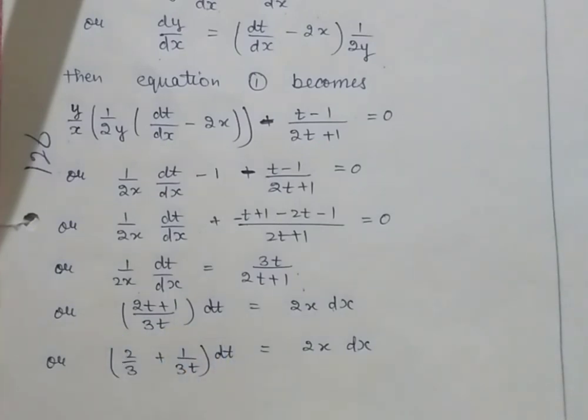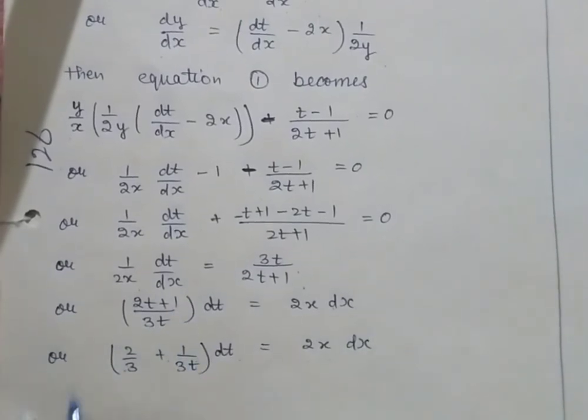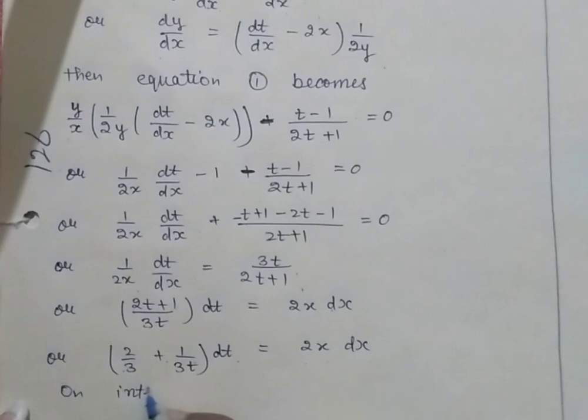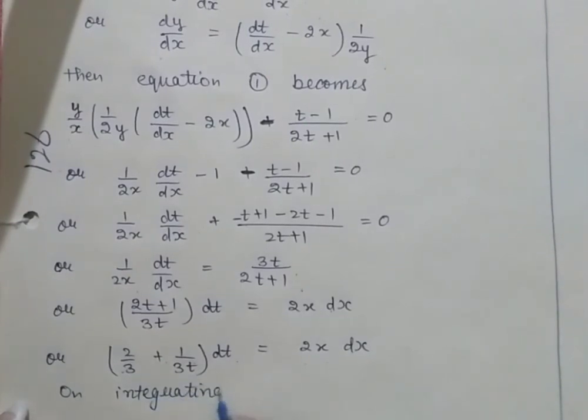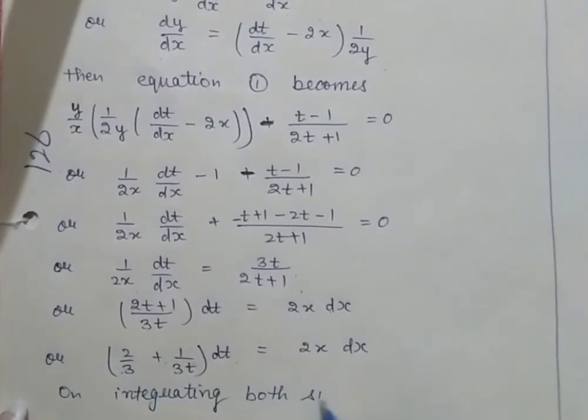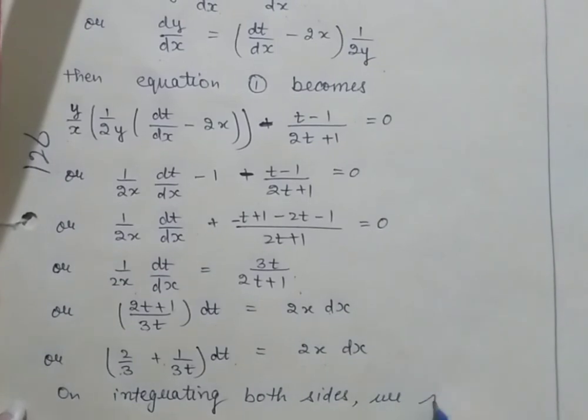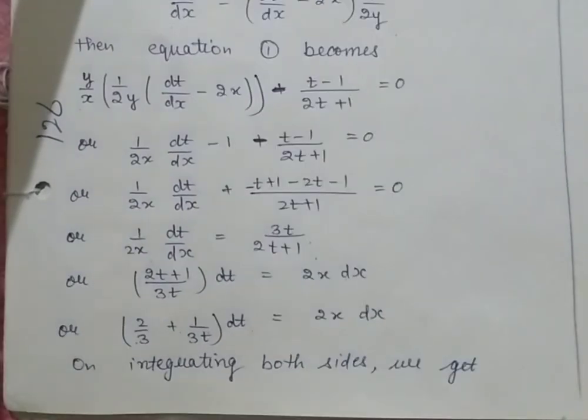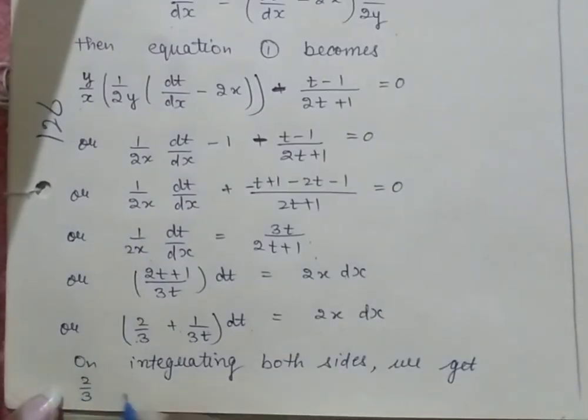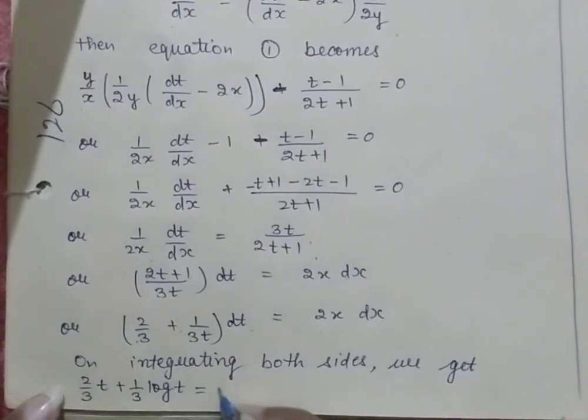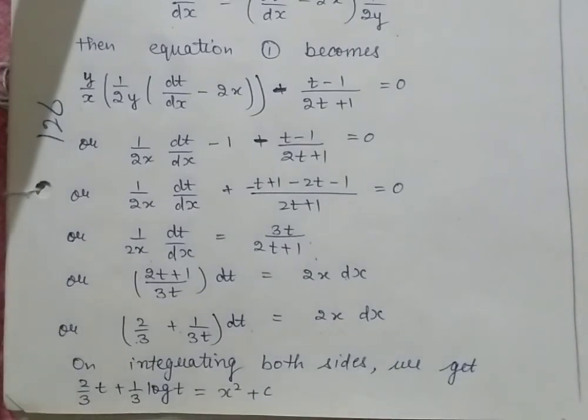Now we want to integrate this equation. This can be written as (2 by 3 plus 1 by 3t) dt equal to 2x dx. On integrating both sides, we get 2 by 3 t plus 1 by 3 log t equal to x square plus c, where c is the constant of integration.